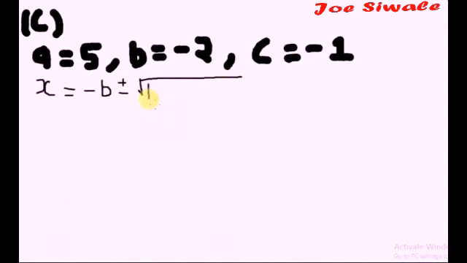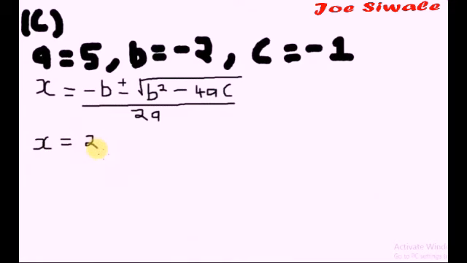So I'll say x equals, I'll write down the quadratic formula: negative b plus or minus the square root of b squared minus 4ac over 2a. Then I'll replace b with negative 2, since I have a negative on b and my b is negative 2.